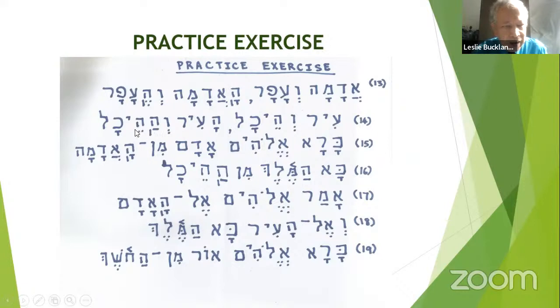We ha hekal. Now notice that there is a pathak under the definite article, and yet this is a guttural letter.